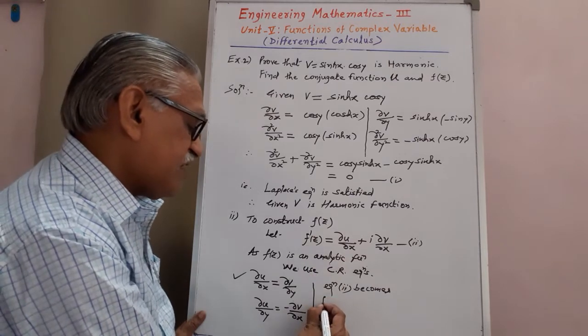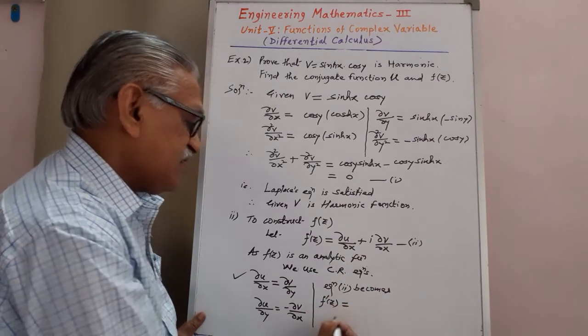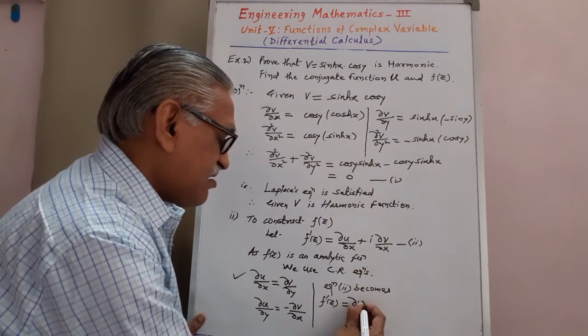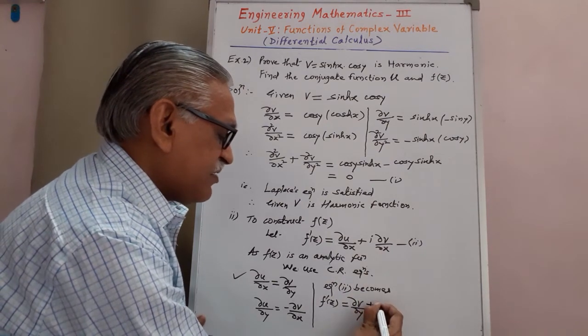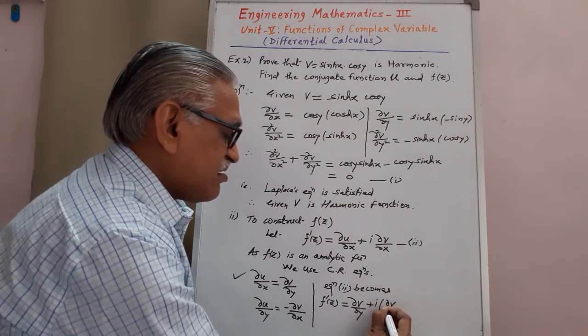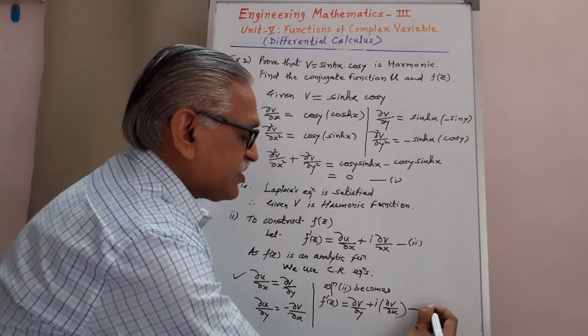f dash of z as dou u by dou x. Dou u by dou x is dou v by dou y plus i times dou v by dou x. We call this equation number 3.